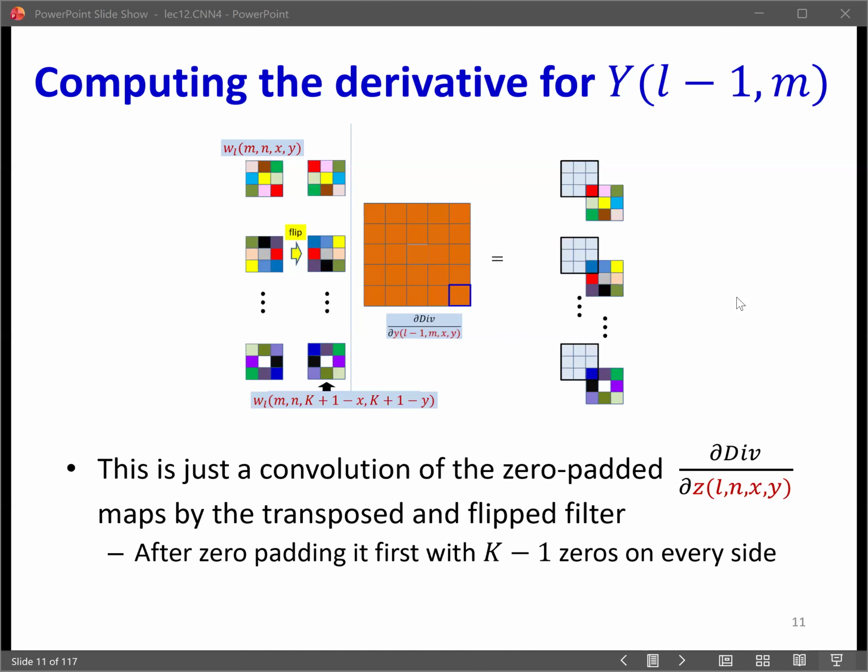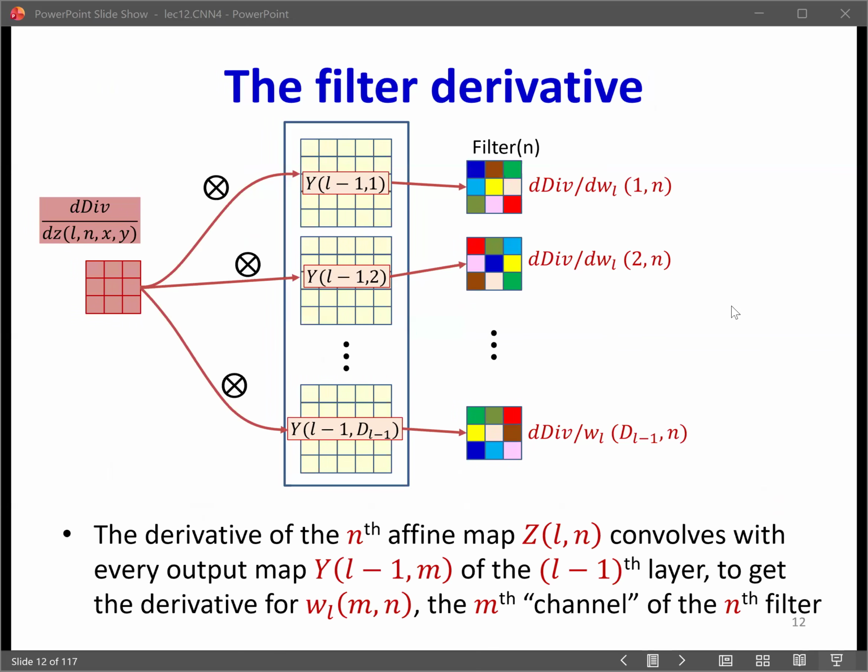Nothing complex. And how did we compute the derivatives for the filter? If this was an affine map obtained by using this filter against all of these input channels, then going backwards, we would have obtained the derivatives for all the elements of this affine map.